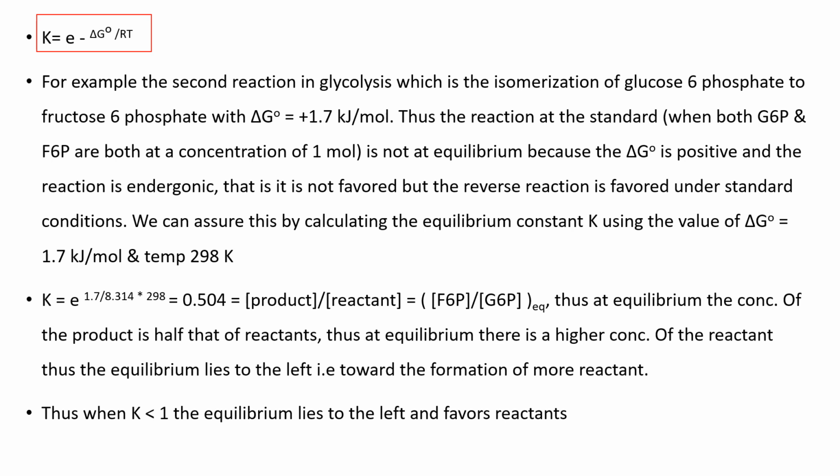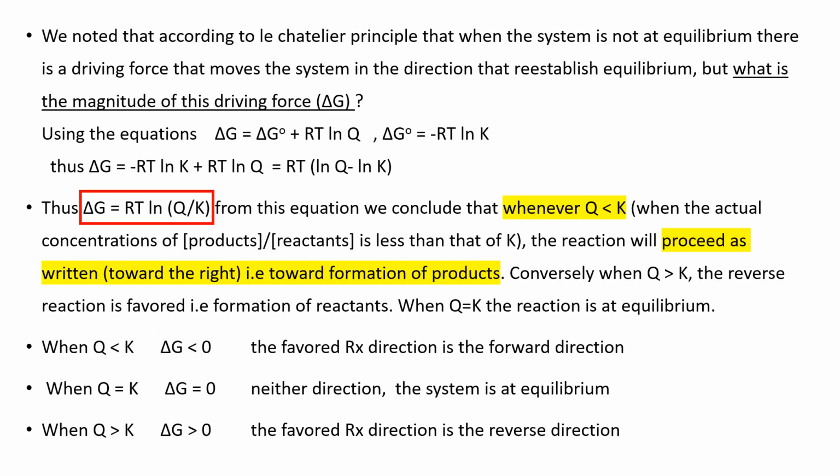Thus, the equilibrium favors the reverse direction, which is the formation of the reactant. And we say that the equilibrium lies to the left, toward the formation of more reactants. Thus, when K is lower than 1, the equilibrium lies to the left and favors formation of reactants.